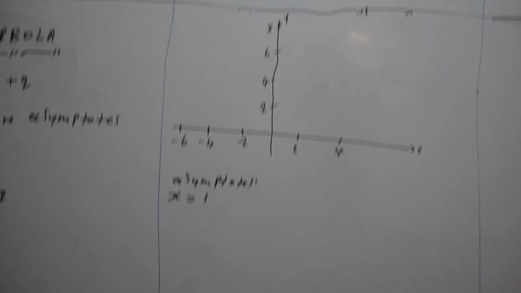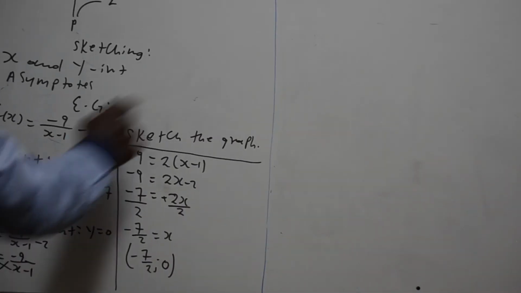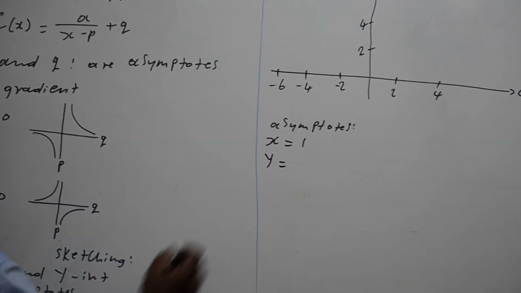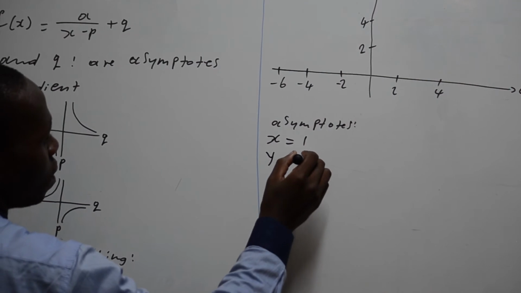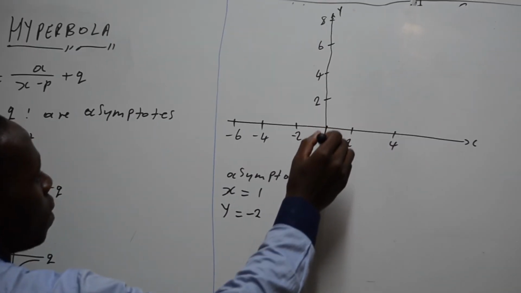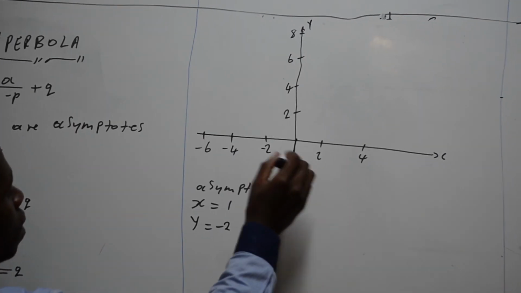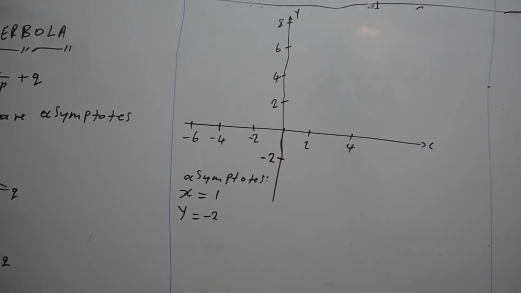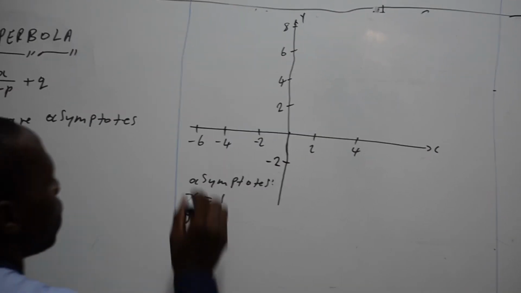The y remains the same, which is negative 2. So that's the only negative I need in the y-axis. It's minus 2. So this is my asymptote.